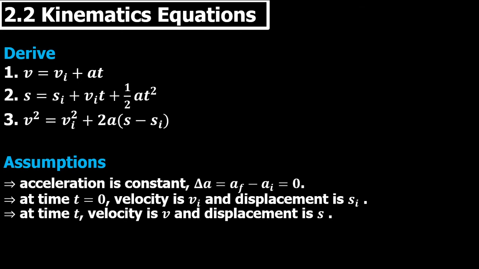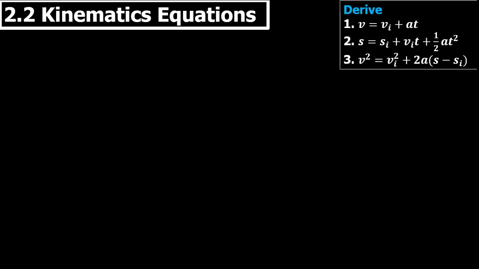The first equation we can derive beginning from the definition of acceleration, which is dv over dt. In a less rigorous mathematical manner, we can multiply both sides by dt.